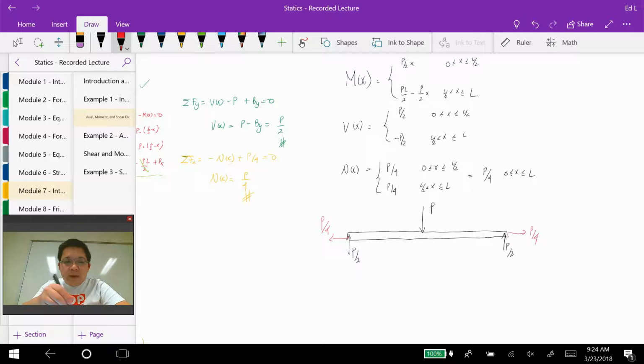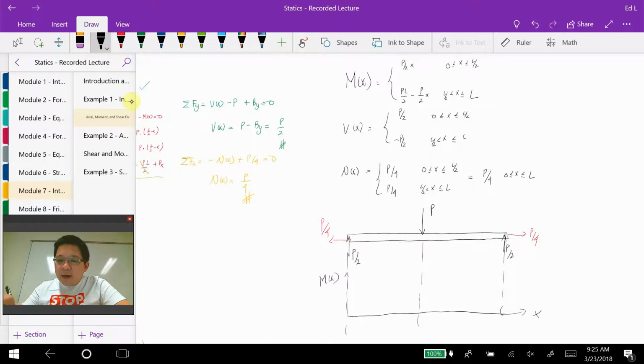And I can draw the free body diagrams, okay? So this is the x-axis, right? And then this is my y-axis. This is m of x, right? This is the x, right? So at x equal to 0, M is P over 2 times 0, so it's 0.